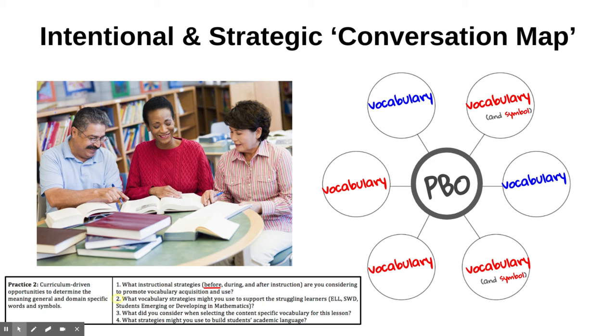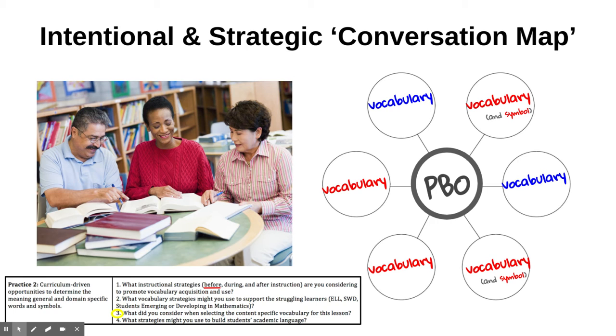What vocabulary strategies might I use to support struggling learners like ELL or students with disabilities or students tier 2, tier 3 or EIP kids, right? What am I considering when selecting content specific vocabulary? I know many of us go, well, the PBOs are already done for us. They're already in the units of study. And so we still can't take that for granted.